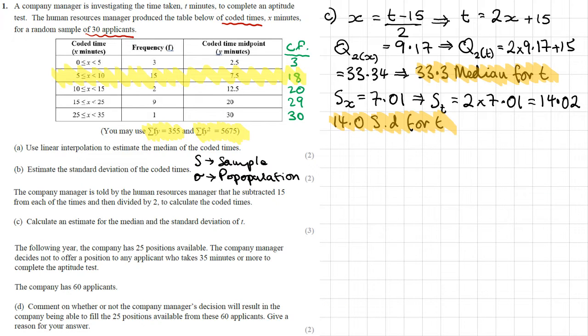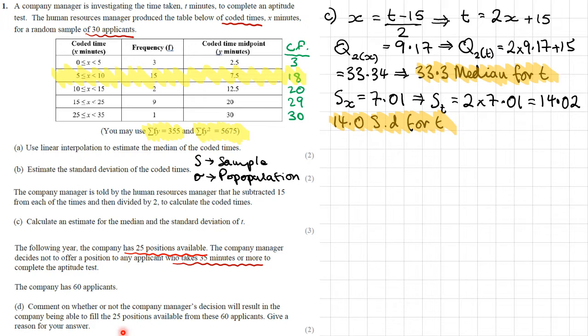Okay. Part D. The following year, the company has 25 positions available. The company manager decides not to offer a position to any applicant who takes 35 minutes or more to complete the aptitude test.